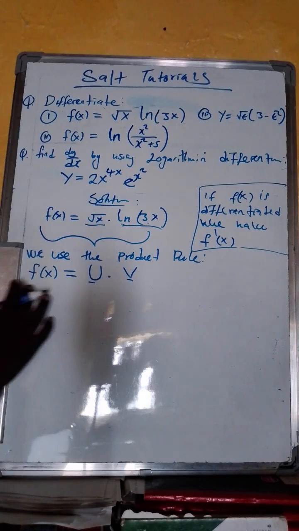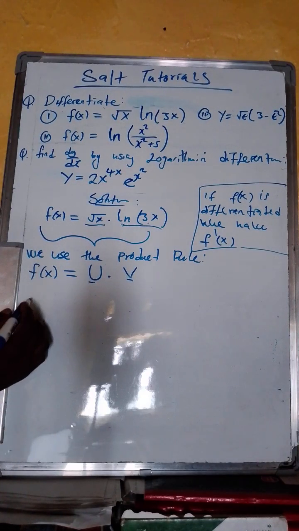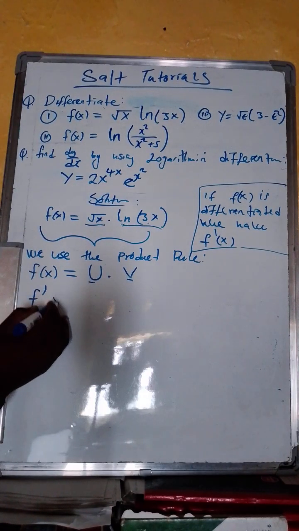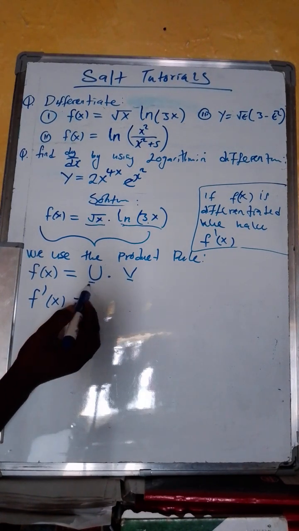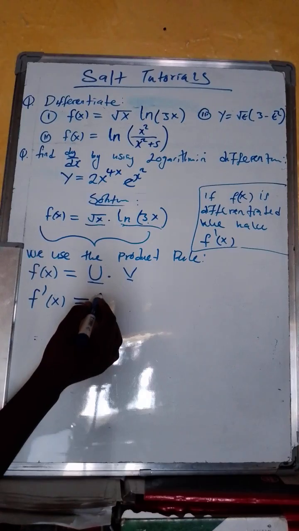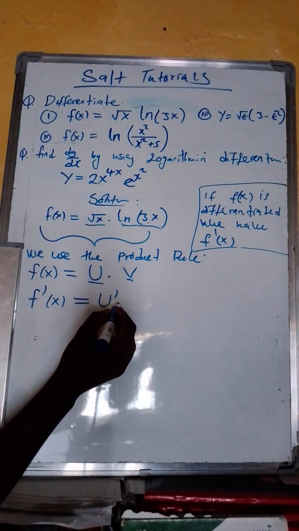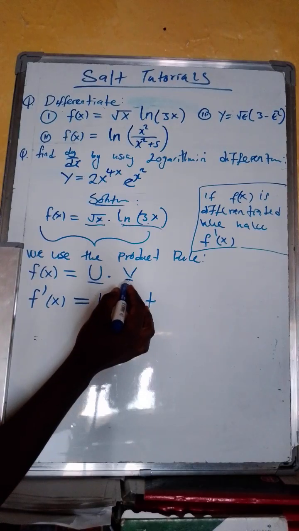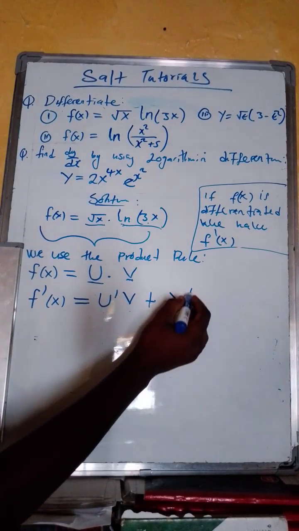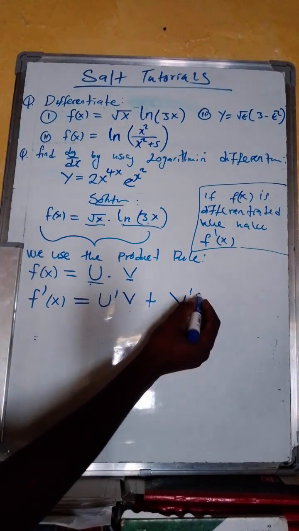If this is the kind of function I have, then f prime of x, the derivative, is equal to: you differentiate the first function, giving u prime multiplied by the second function v, plus differentiate the second function, v prime, multiplied by the first function u.